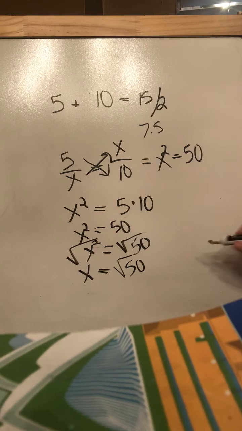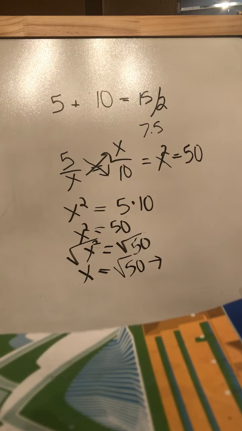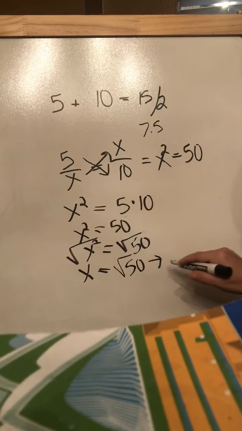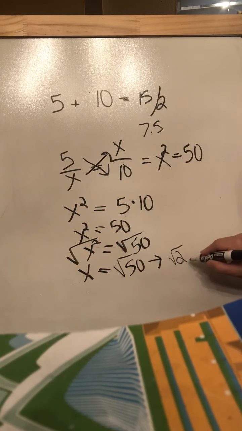So what you're going to do here is just simplify it. Yes, you can plug it into your calculator just like that, the square root of 50, and you're going to get a decimal, which is what several of you did last week. However, I want you to take those skills you learned from Algebra 1, and I know it was a crash course last year, so we're going to work on it a little bit. You're going to simplify the square root of 50 by saying that is equal to the square root of 2 times the square root of 25.